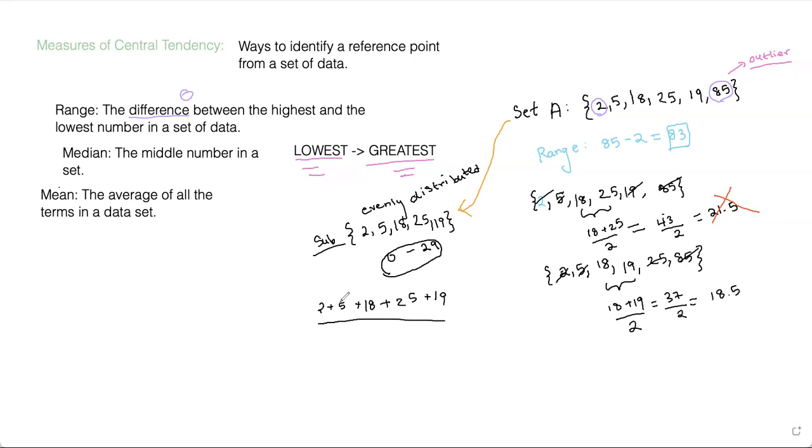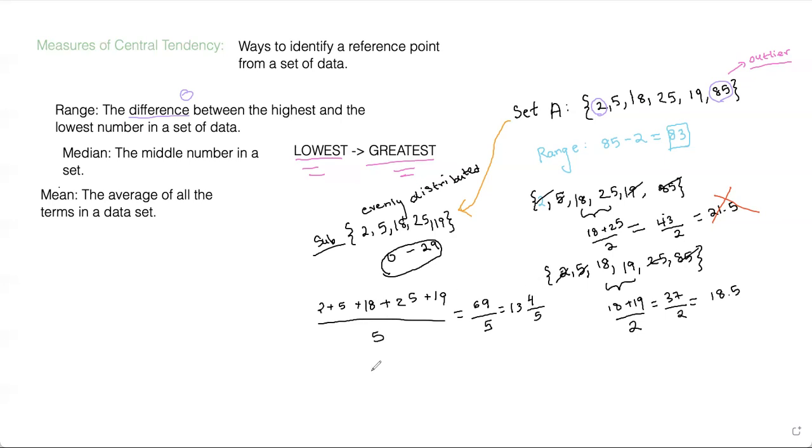So we know that 7 plus 18 is 25, and 25 plus 25 is equal to 50, and 50 plus 19 is equal to 69. And we divide this by 5 terms, which is 69 divided by 5, which can't really be simplified.